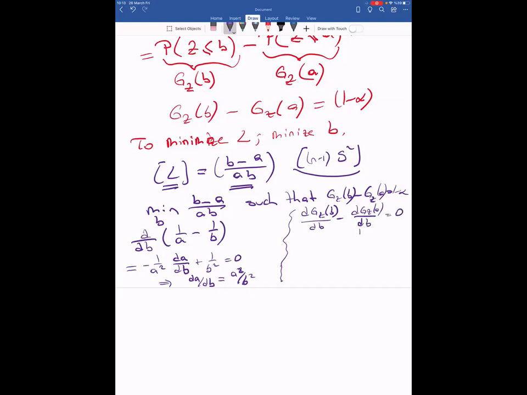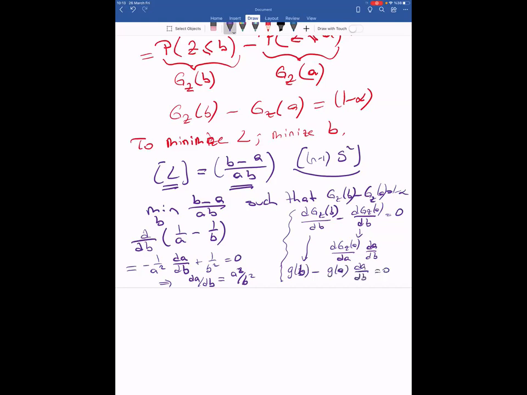Let's write this part again: d G_Z(A) over dA times dA over dB. So the derivative of the CDF at point B will be the PDF at point B minus, again, the PDF at A, and we have dA over dB equal to 0.